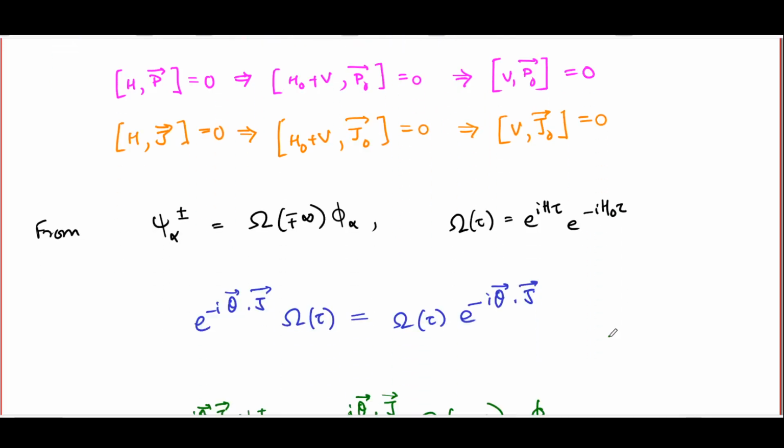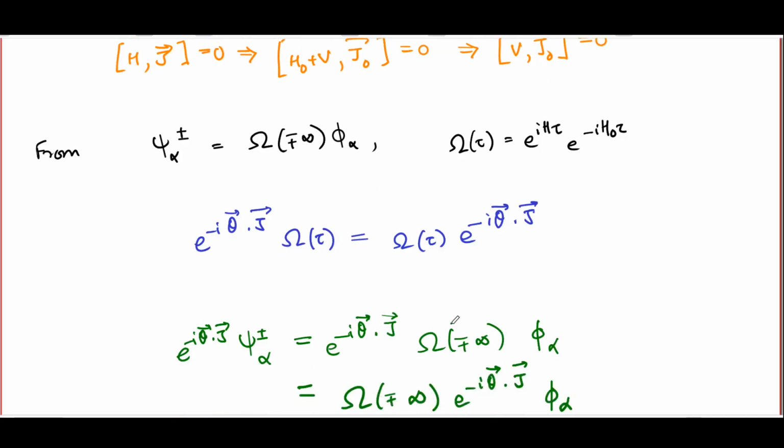Now, rotation is imposed by an operator of this kind, e to the minus i theta dot J vector. It's easy to see that because J, which is the same as J0, commutes with both H and H0, e to the minus i theta dot J will commute with omega tau, and therefore with omega minus and plus infinity in general.